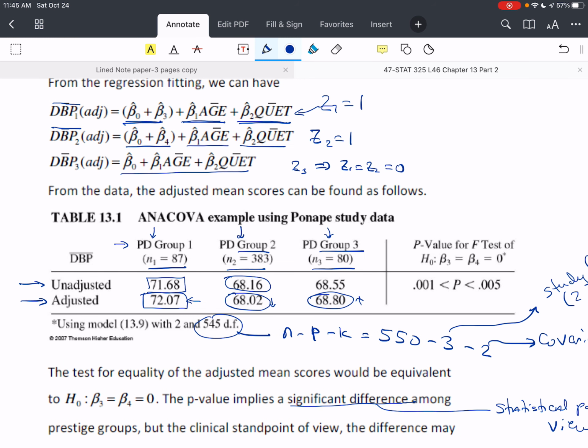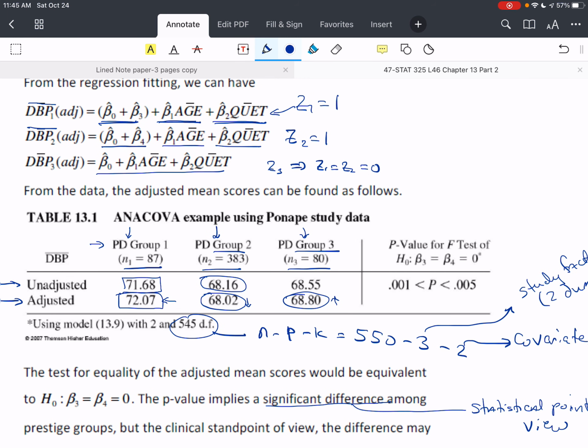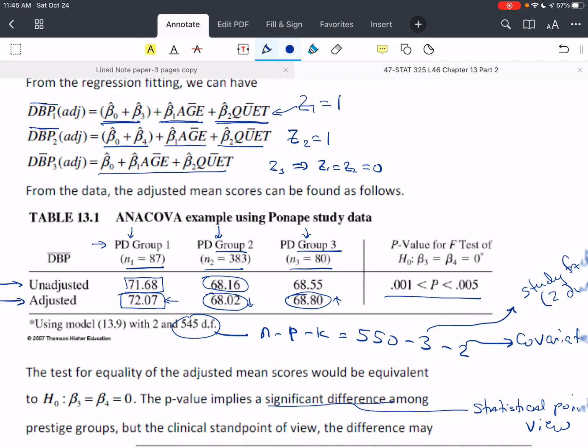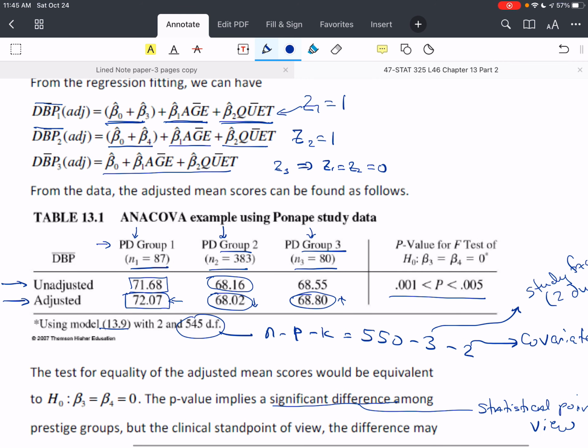And when we did the f-test for this, the p-value turns out to be between 0.001 and 0.005, so it is significant. So we use the model, it says 13.9 with 2 and 545 degrees of freedom.